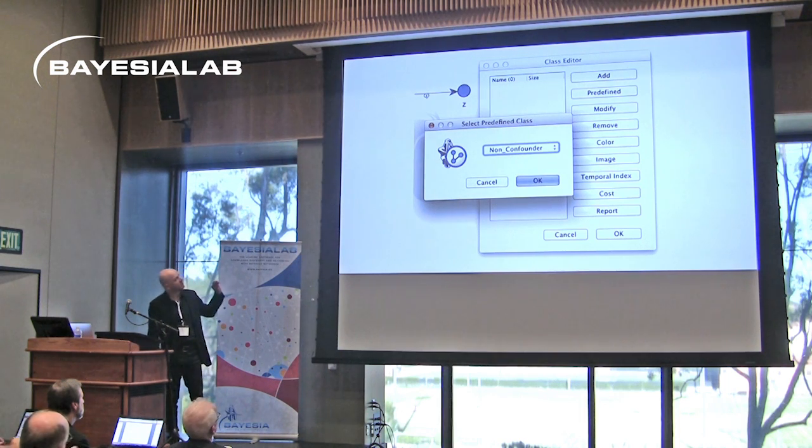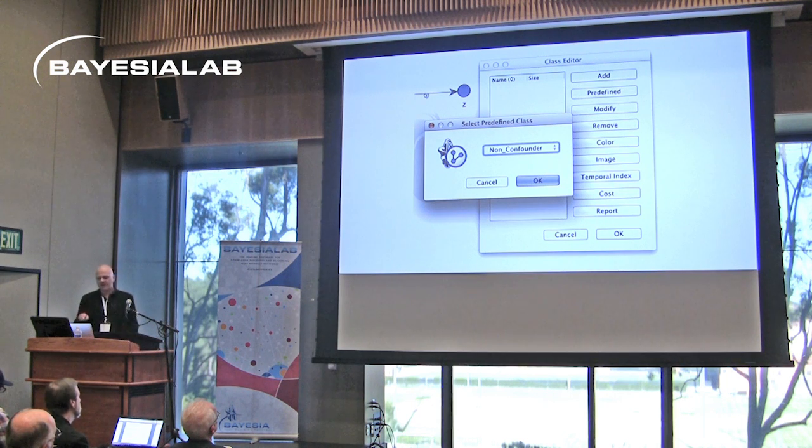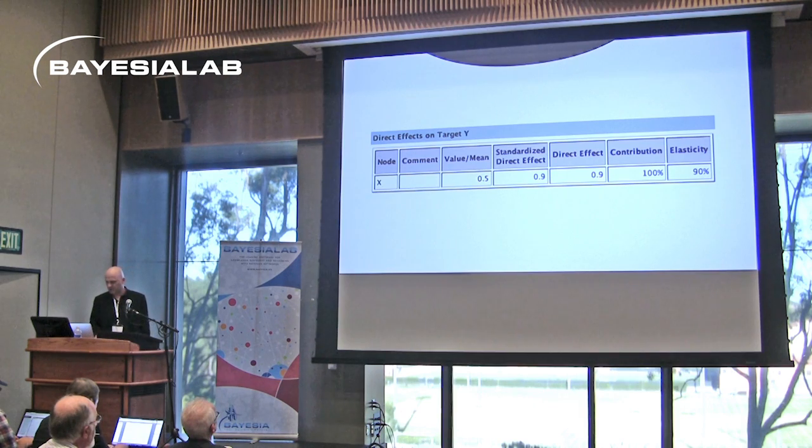You select z, right-click, class editor, and associate this node to a predefined class, non-confounder. This is the technical way to do that. If you do that and use the direct effect function, you will have the correct standardized direct effect, which is here the same as the direct effect, as we have something uniformly distributed between 0 and 1.